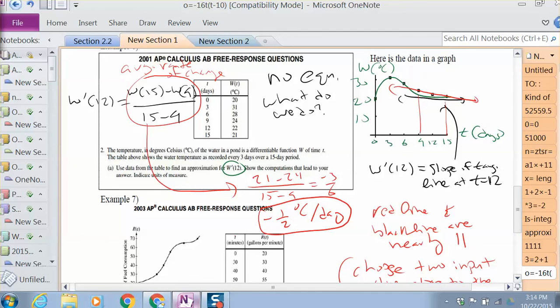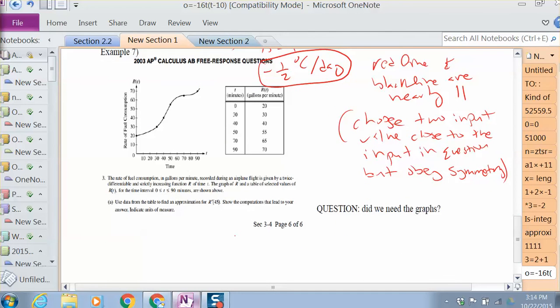And then lastly, number 7, which is kind of cut from the same cloth. We're trying to find R prime of 45. So probably I should focus on these two values because 45 is right in between. So for R prime of 45, it looks like we're comparing some volume flow rates with time.